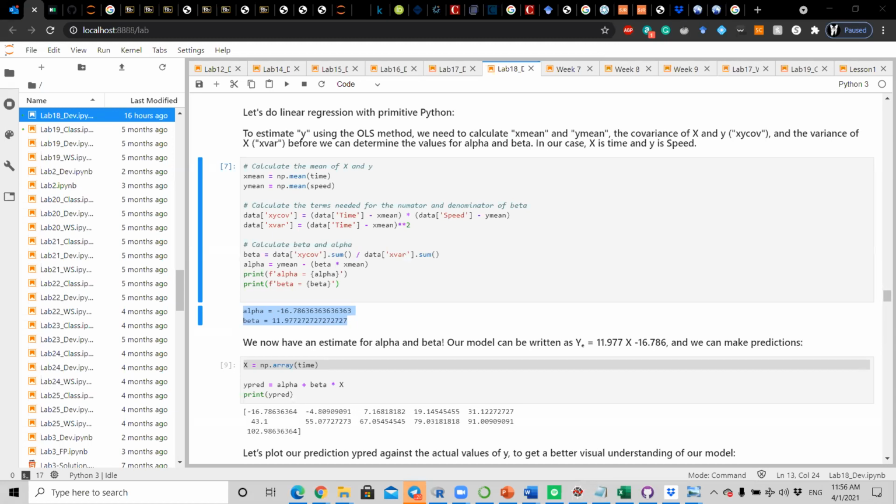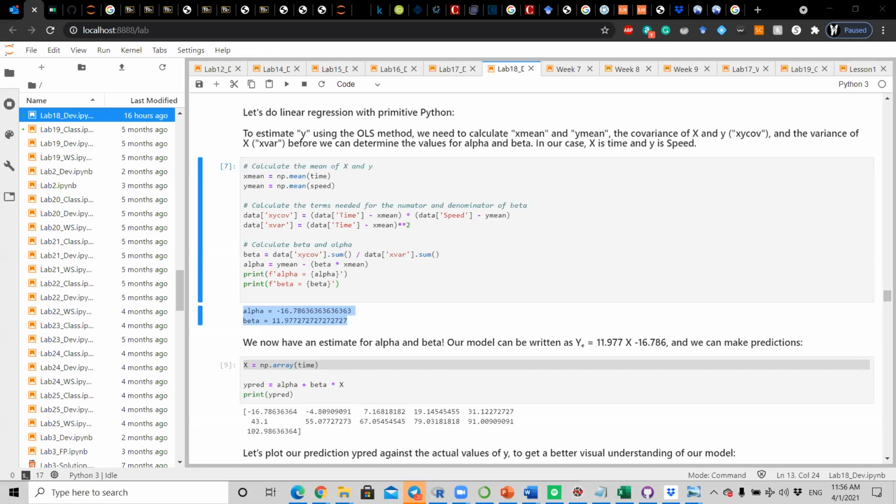Exactly. Would you say that is a positive relationship or a negative relationship? Positive. Was it something that you kind of expected to happen? Yeah. Why? Because our R value told us that would happen. Exactly. So that's what I wanted you to notice.